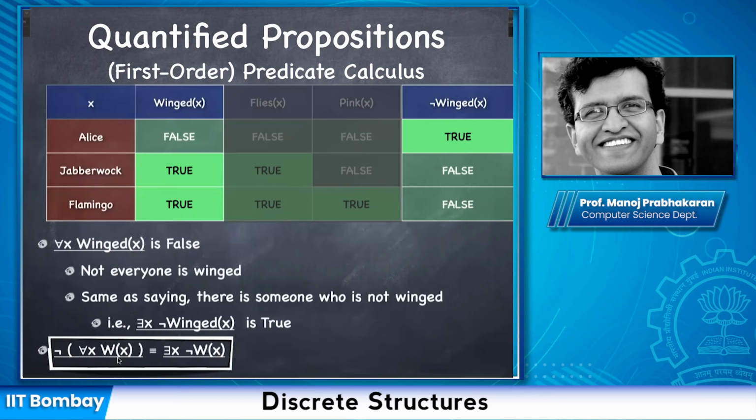Any column, any kind of values on the column you can use for your predicate W, and the statement would still be true, as in these two would be equivalent. So what is this saying? This is saying the negation of for all x W(x) is equivalent to there exists x such that not W(x).